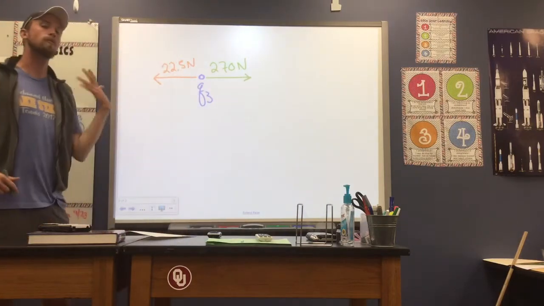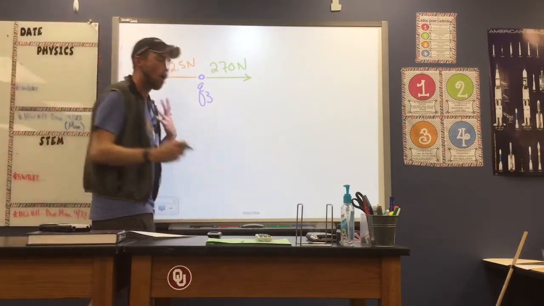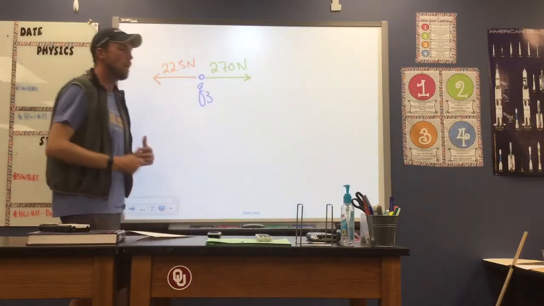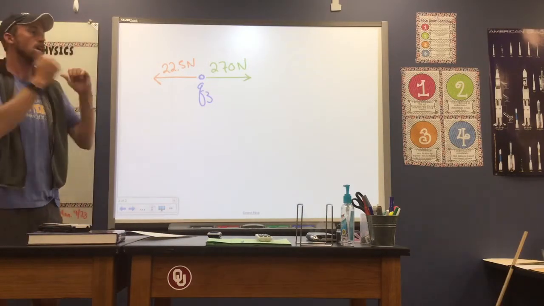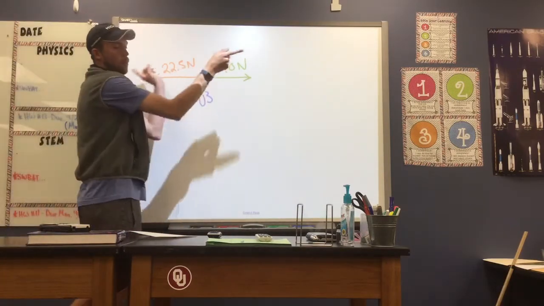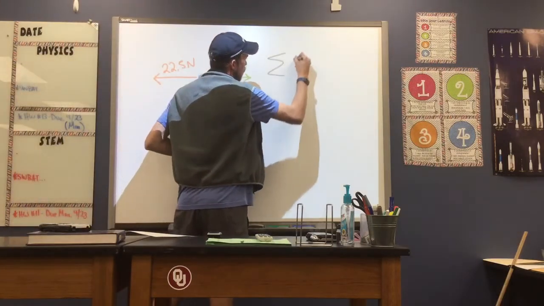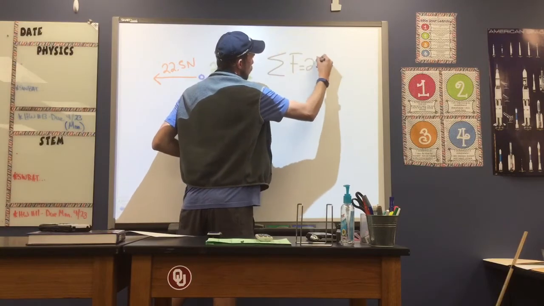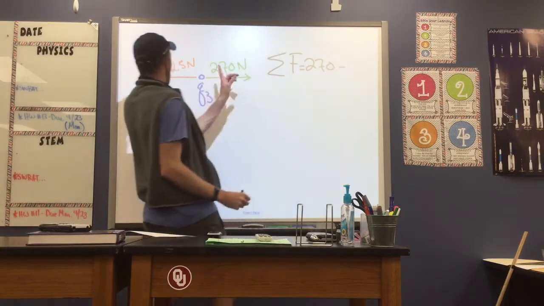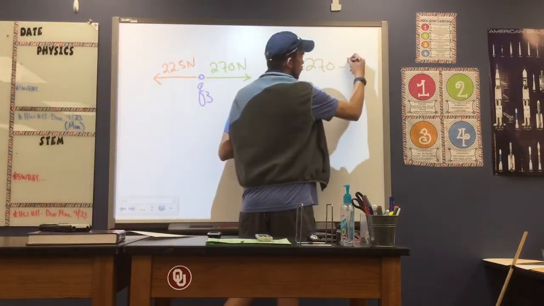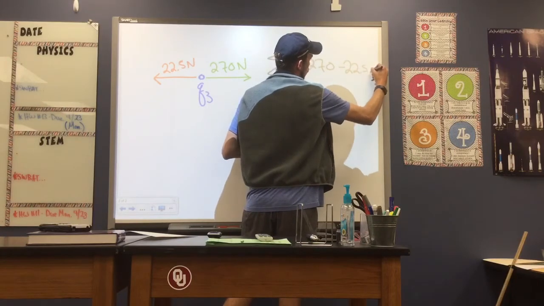Now, I really like to draw these pictures because it gives me a better visual of what's going on in the scenario. As you can see, because these are forces of attraction pulling in opposite directions, if we want to sum our forces up, we would take 270 and subtract 22.5 newtons.